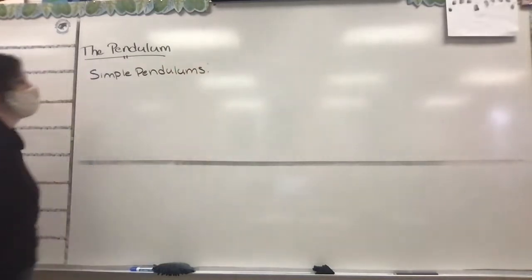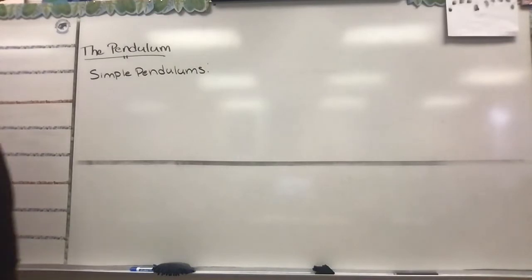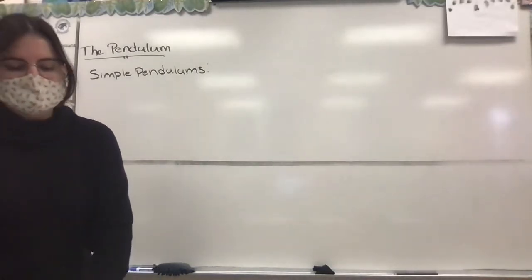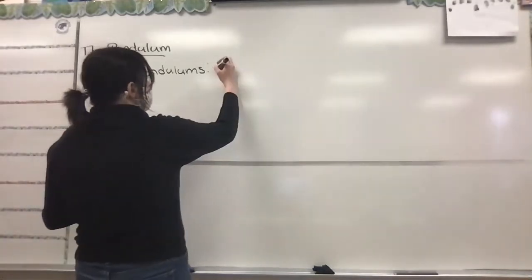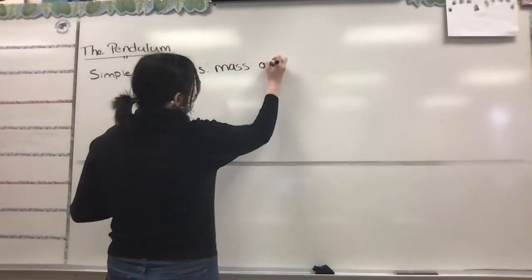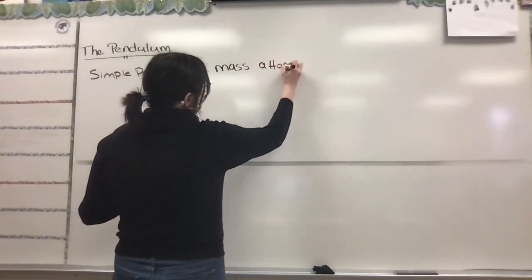So a simple pendulum is basically comprised of two things, a mass and a string. The mass is attached to a string. There's something important about the string, though.